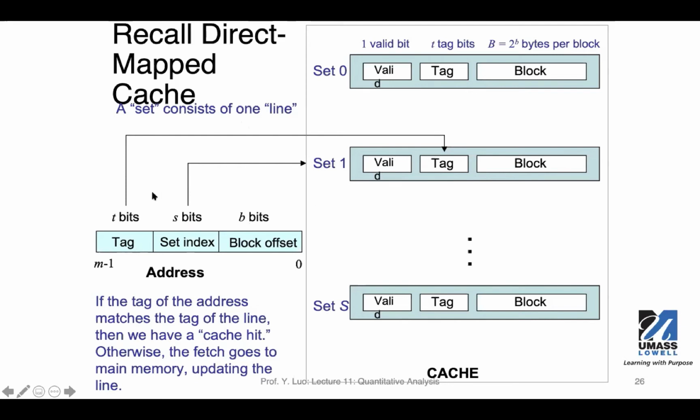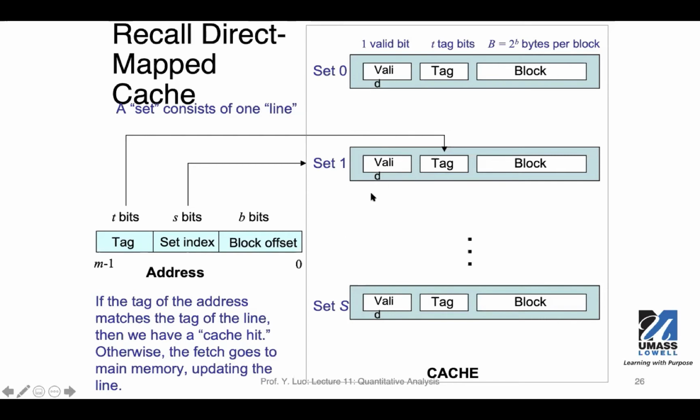So if the tag matches, that means the address you use to access data is already here in this block. When you have a match on a tag, we call it a cache hit.